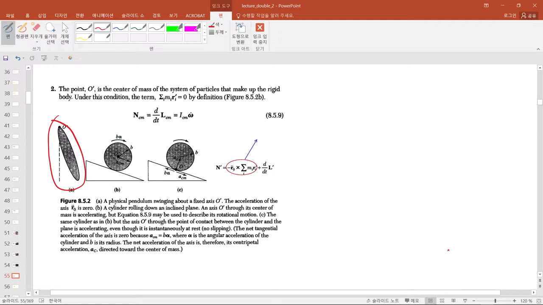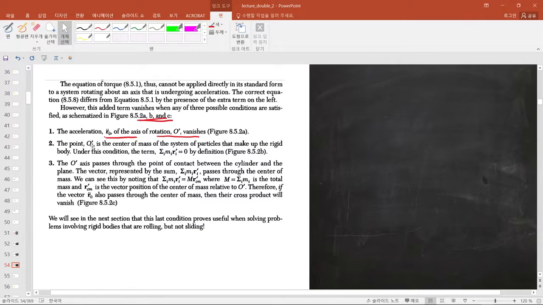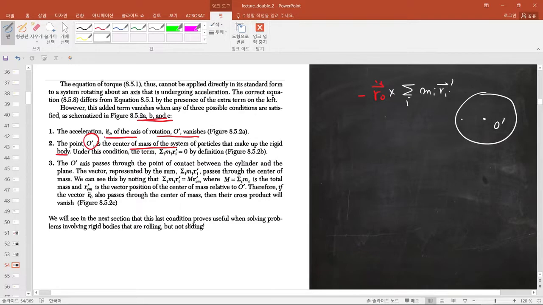The second one is that the point O prime we are considering is the center of mass of the system of particles that make up the rigid body. Then this term vanishes, because remember this one is r0 double prime cross sum m_i r_i prime, and if this point O prime is the center of mass, then by definition this is equal to 0. So that is the second case here.